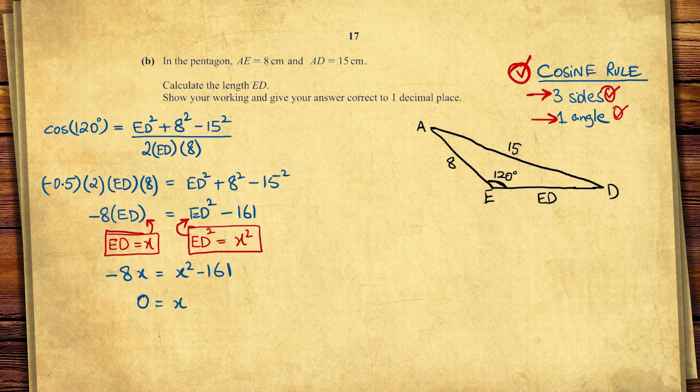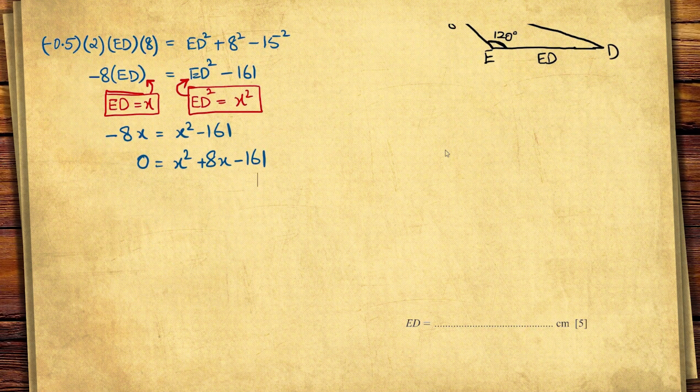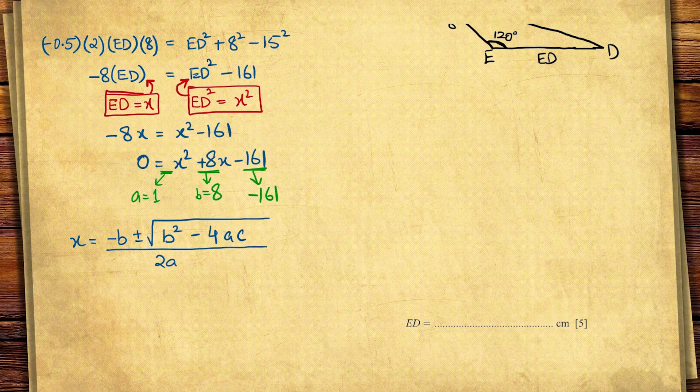Now we move minus 8x to the other side of the equation and we will get this quadratic equation. Now to apply the quadratic formula, we can use a equals 1, b equals 8, and c equals minus 161. And we simply need to plug in the values into the quadratic formula. So this is what we get.